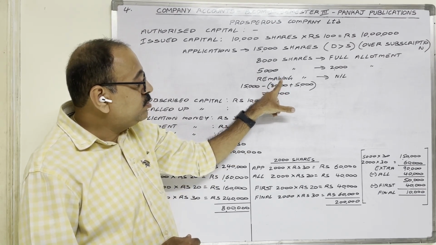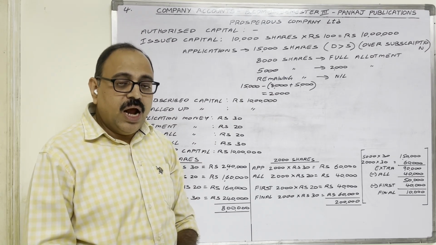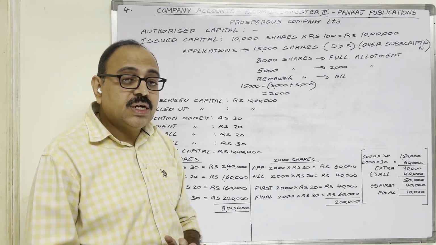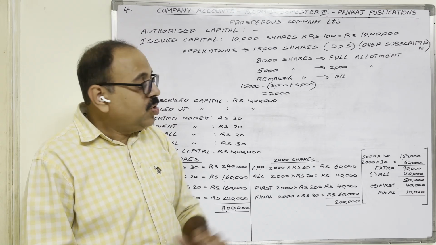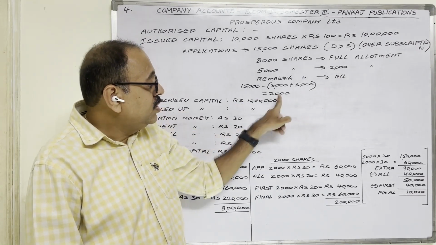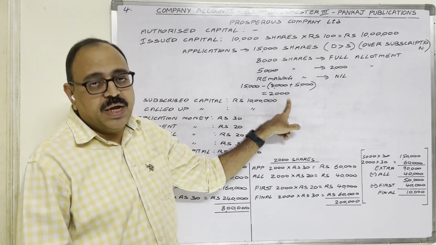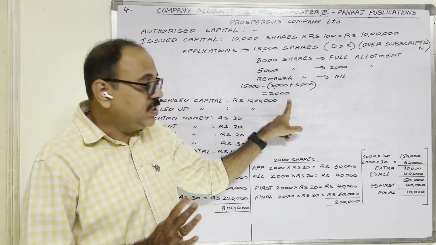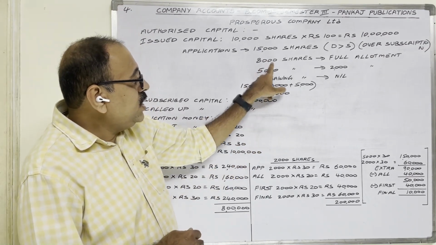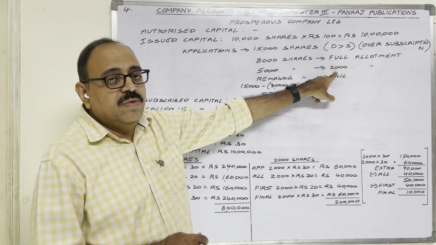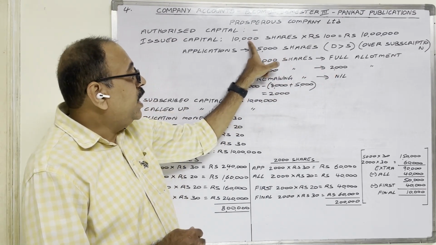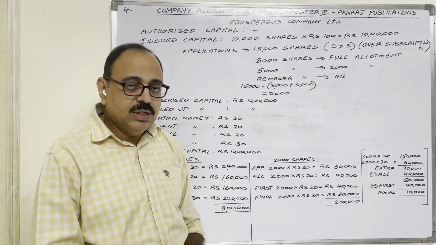The remaining shares means 2,000 shares, and the company rejected them, so no allotment is made for these 2,000 shares applicants. Finally, 8,000 plus 2,000, the company allotted 10,000 shares to applicants.